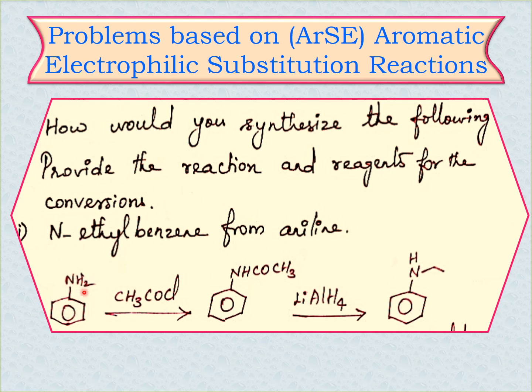Aniline is acylated to give acetanilide, and on further reduction by lithium aluminum hydride, the CO group, the carbonyl group, is converted into CH2. So this is the easiest conversion, that is, the preparation of N-ethyl aniline from aniline.